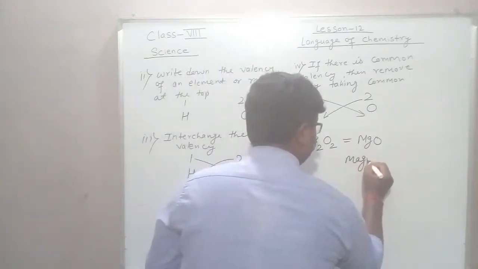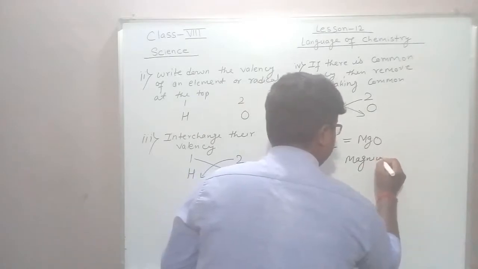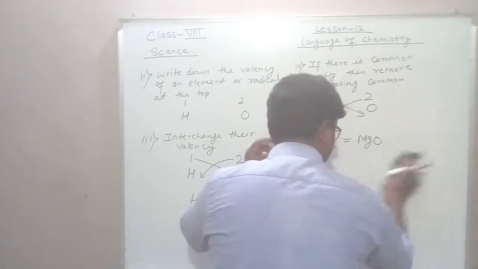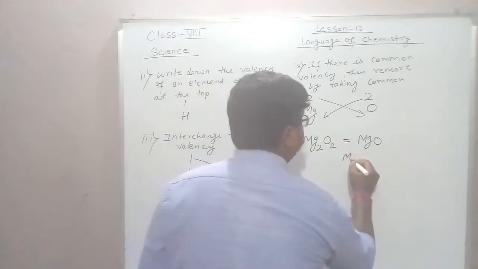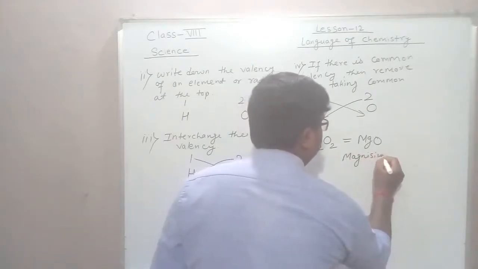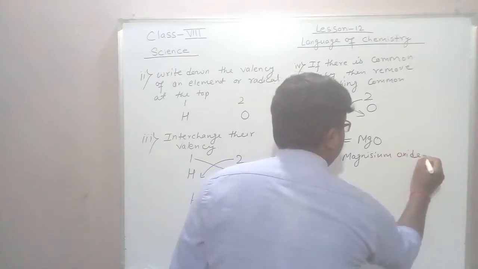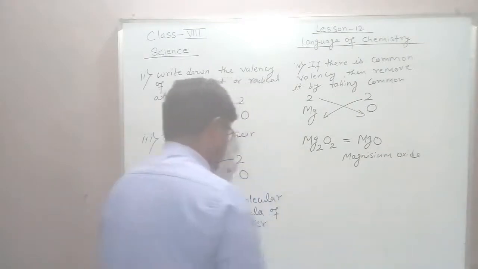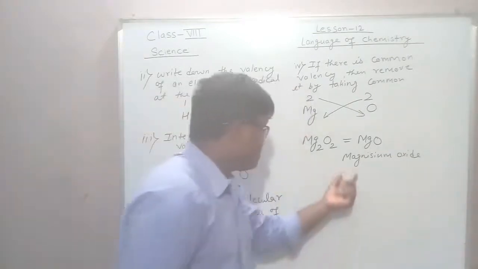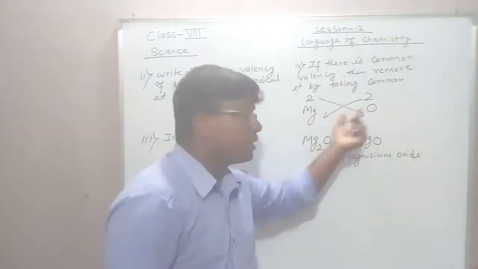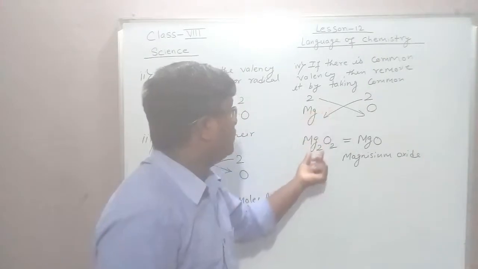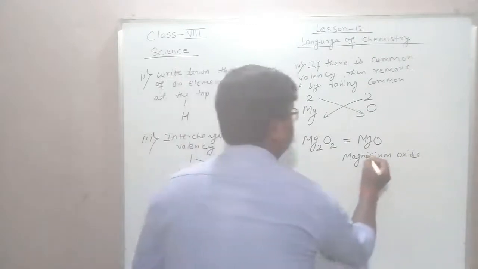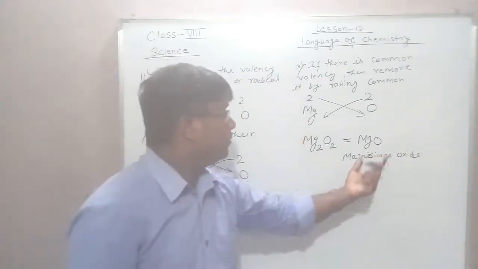MgO is magnesium oxide. Due to their same valencies, we have taken the common factor. The spelling is magnesium, magnesium oxide.